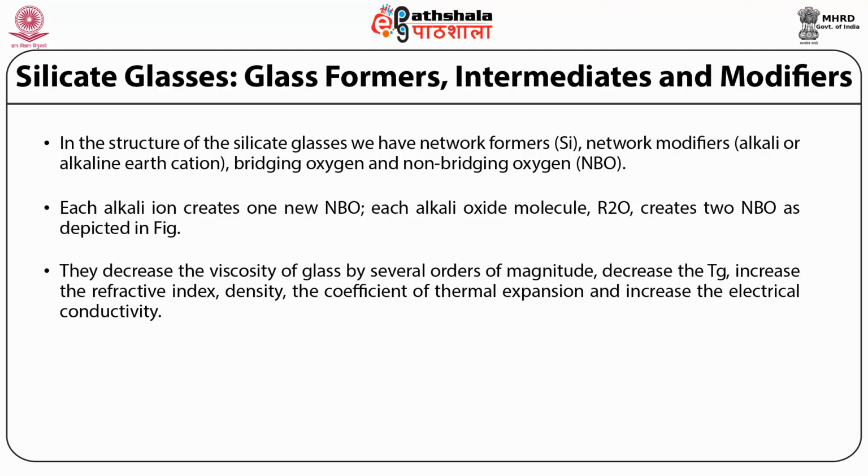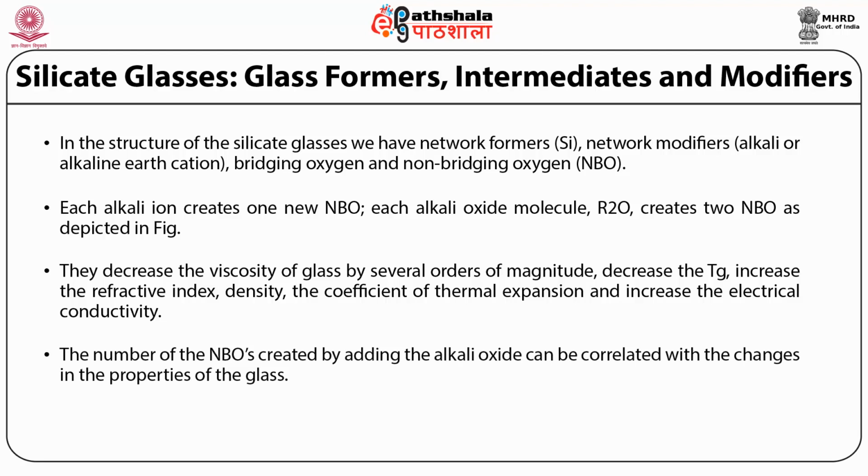It increases the refractive index, density, the coefficient of thermal expansion, and the electrical conductivity. The number of NBOs created by adding the alkali oxide can be correlated with the changes in the properties of the glass.